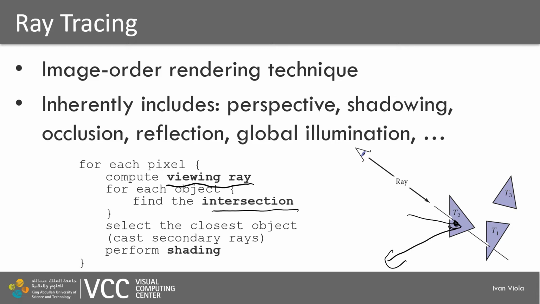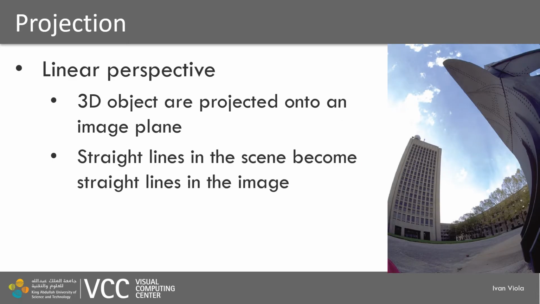So let's start with the individual techniques. Before that, as a historical note, we need to state that ray tracing is similar to what artists have been doing since the Renaissance, where they discovered linear perspective.